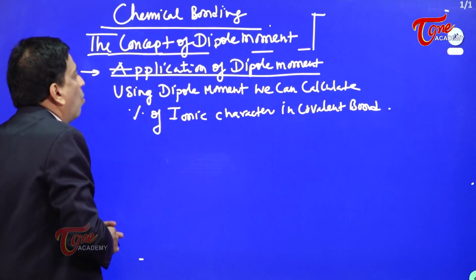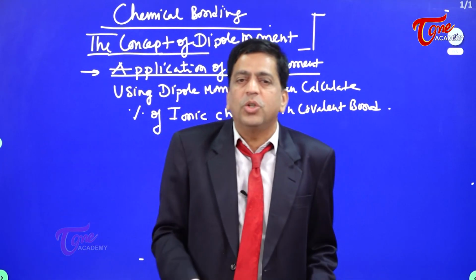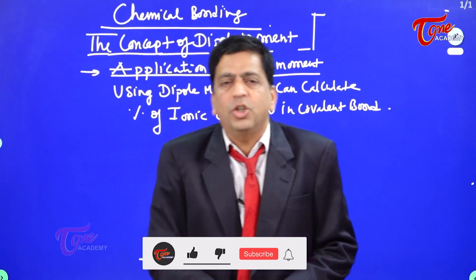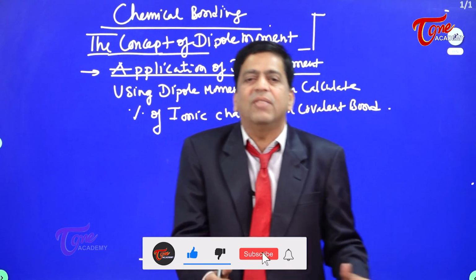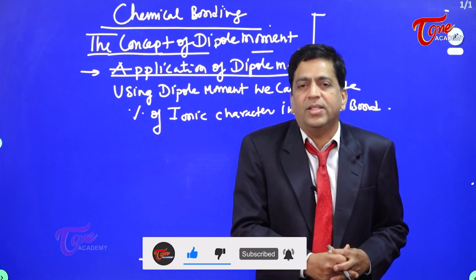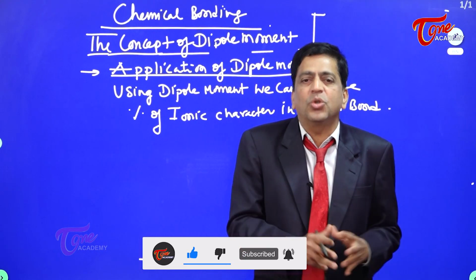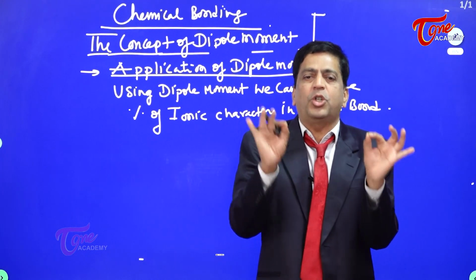That's application number 1. And this is a compulsory question. You can bank on it. You will be getting it in the exam. So the applications of dipole moment are a sure question in the exam.